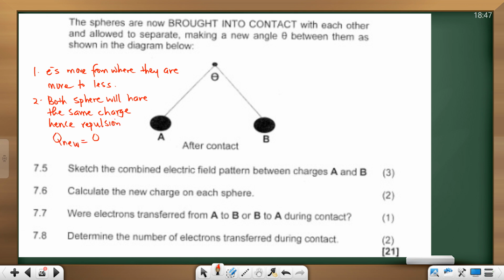Q new will be equal to Q1 plus Q2 over 2. And number 3 is to calculate the number of electrons transferred, which is Q over Qe. Actually, the Q here will be Q new minus Q old over the charge on an electron.